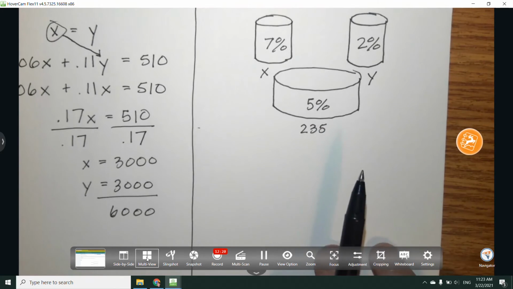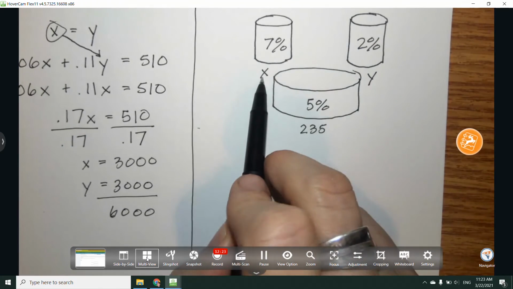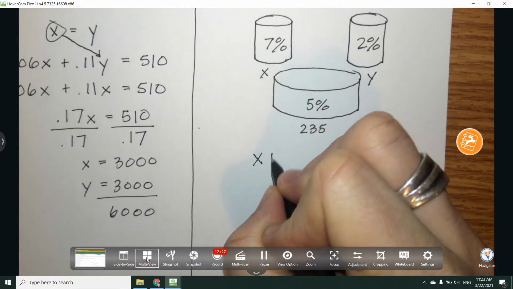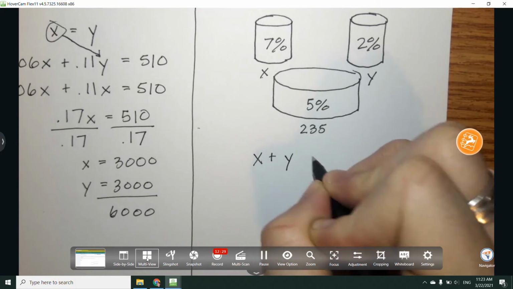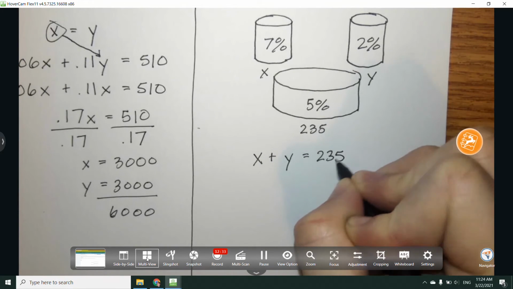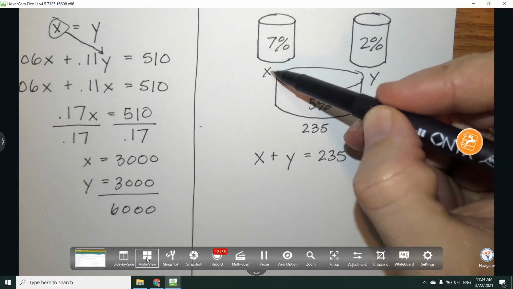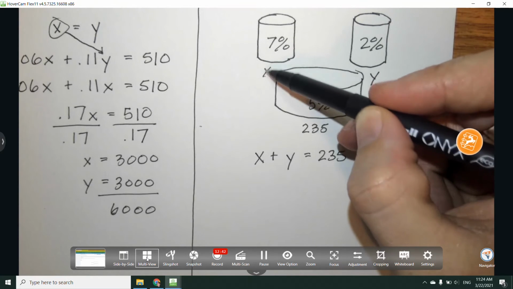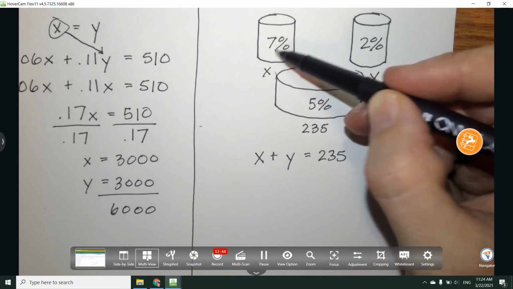So basically, this x plus this y needs to give us that 235. So that's going to be our first equation: x plus y equals 235. On this one, we got 7% of how many gallons we have. This is going to be our butterfat that's in this thing.